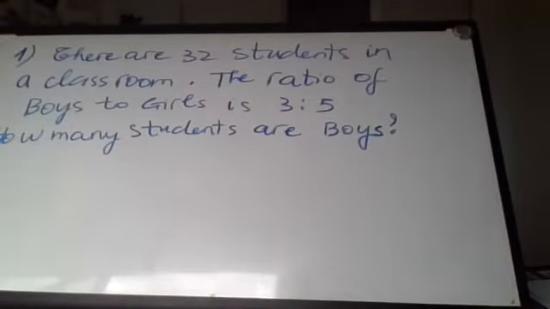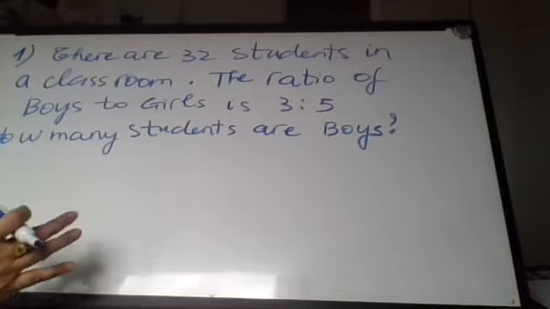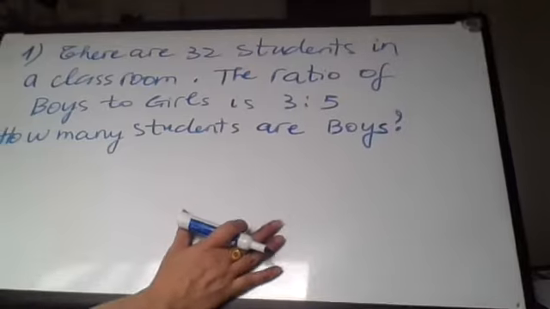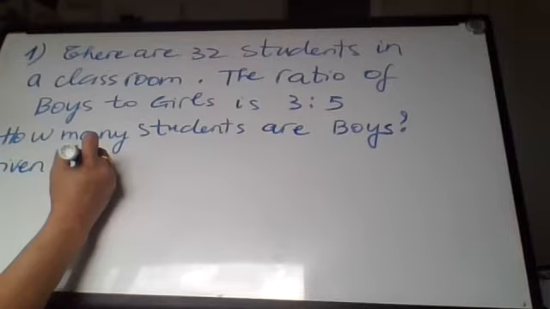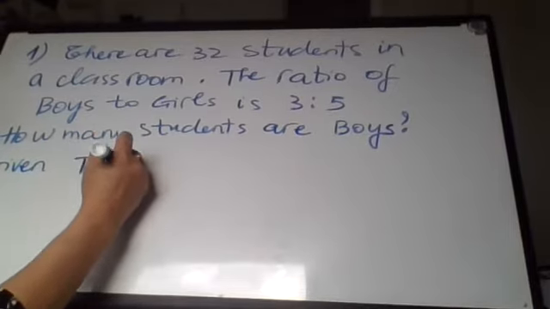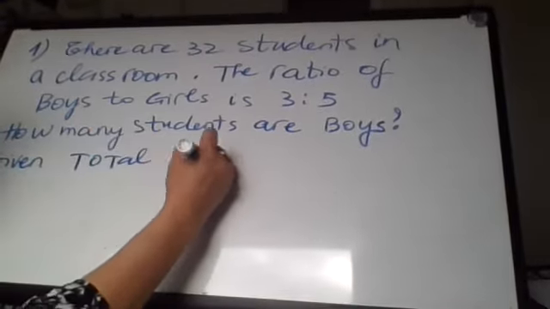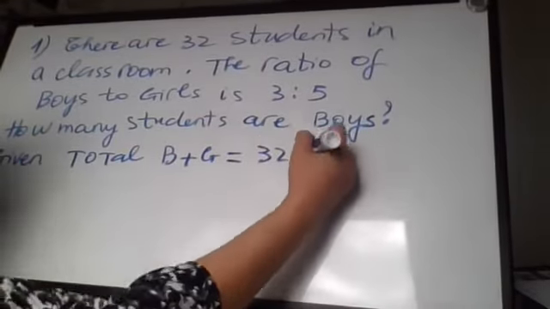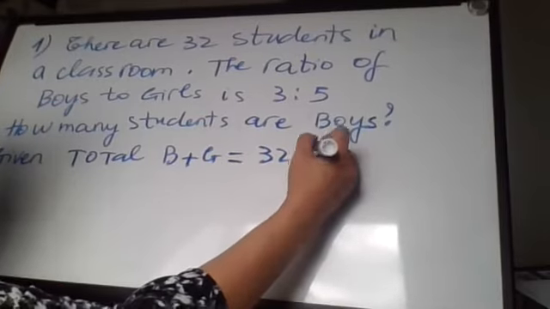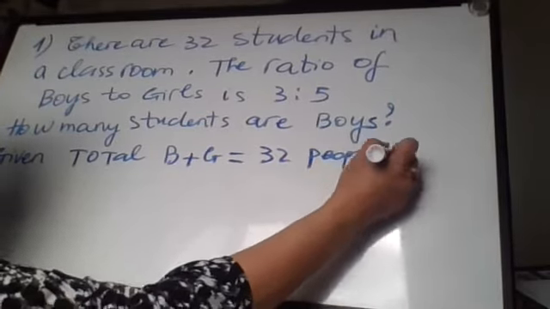Given that question, apply the ratio like that, right? They ask you how many students are boys. Okay, so how do we do this? To do this, you have to set up the ratio. So given total boy plus girl equals 32 students or people, right?